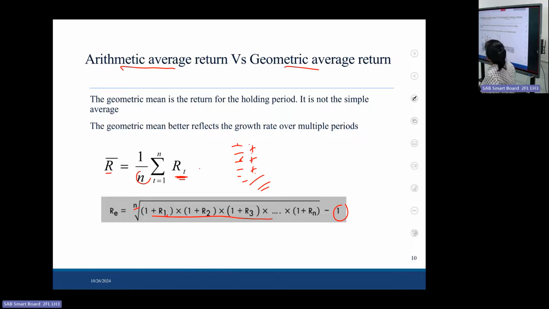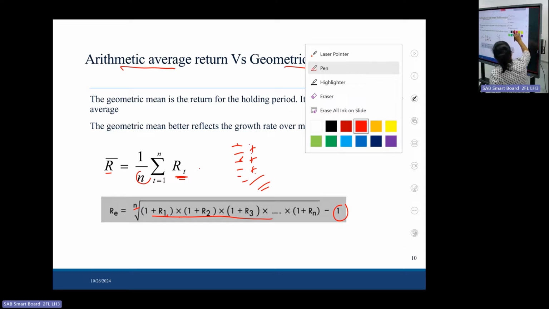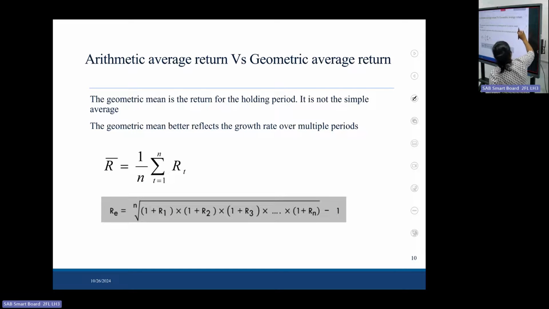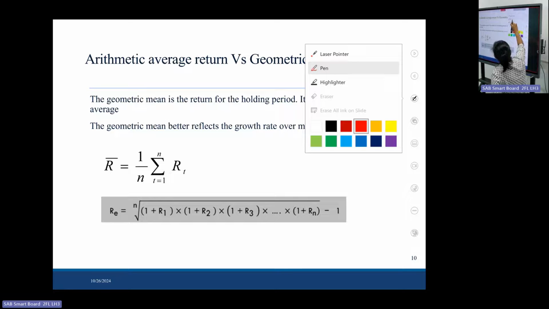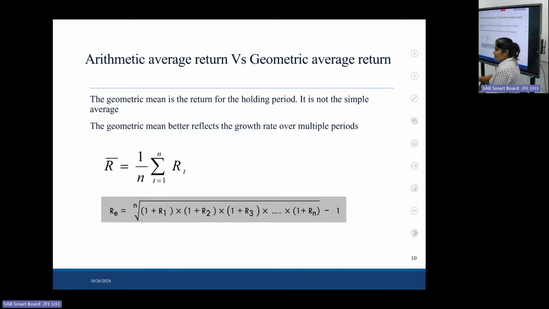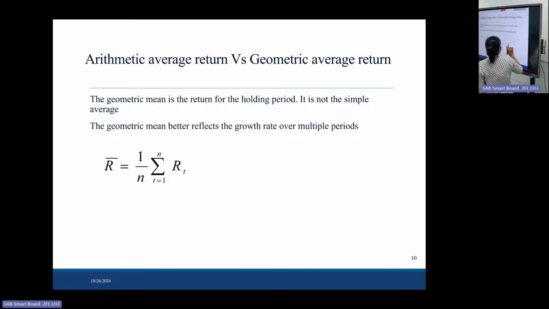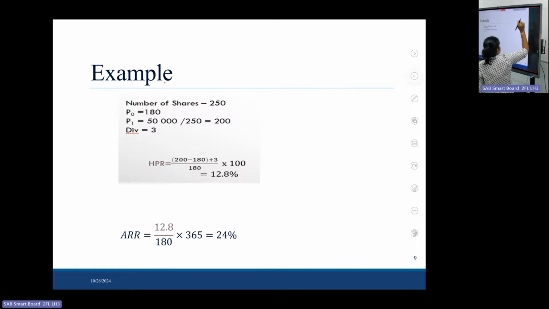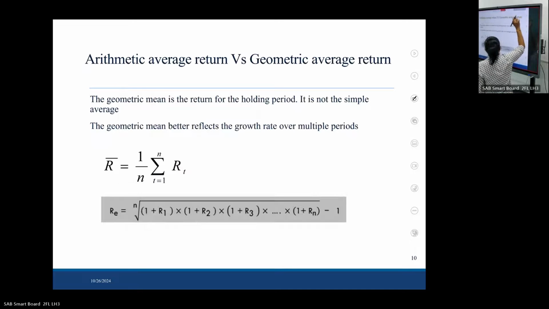So what I want to mention here is, when we calculate the holding period return, now you know what holding period return is, the accurate estimation you will get through the geometric mean.